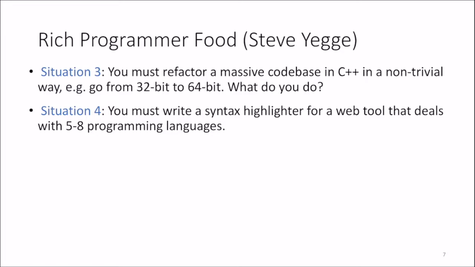Situation 4 is you're given the task of writing a syntax highlighter for a web tool that deals with a large number of programming languages. Now you could write a tool that deals with one programming language by hard coding all the rules for that language.